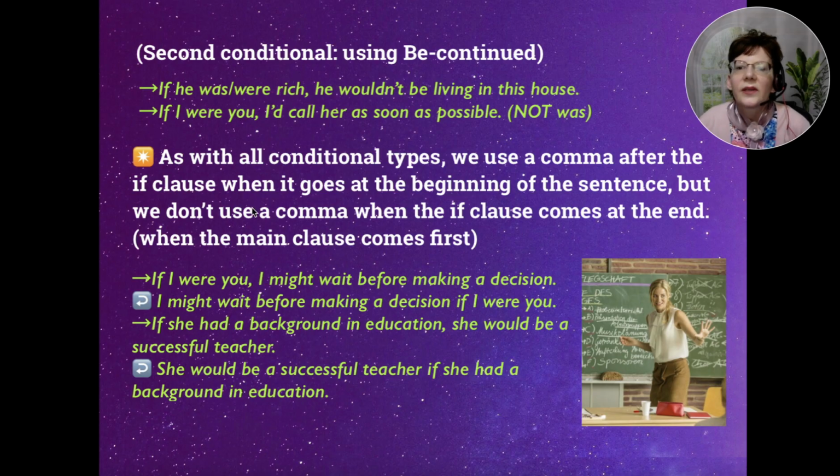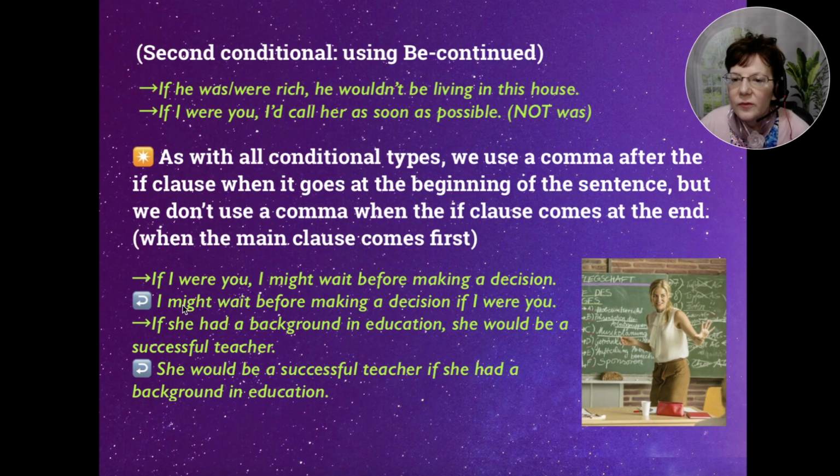Okay, as with all conditional types, we use a comma after the if clause when it goes at the beginning of the sentence, but we don't use a comma when the if clause comes at the end. So when the main clause comes first. For example, if I were you, comma, I might wait before making a decision.